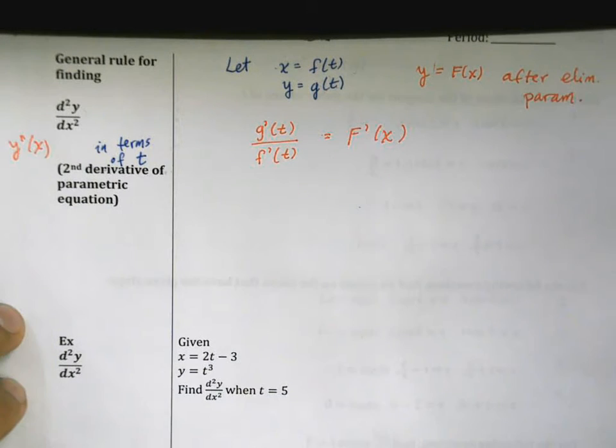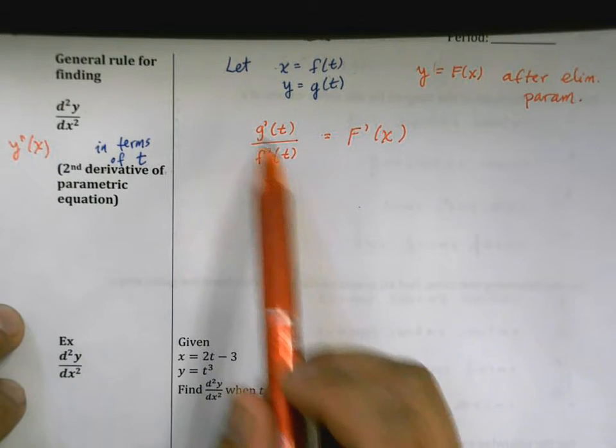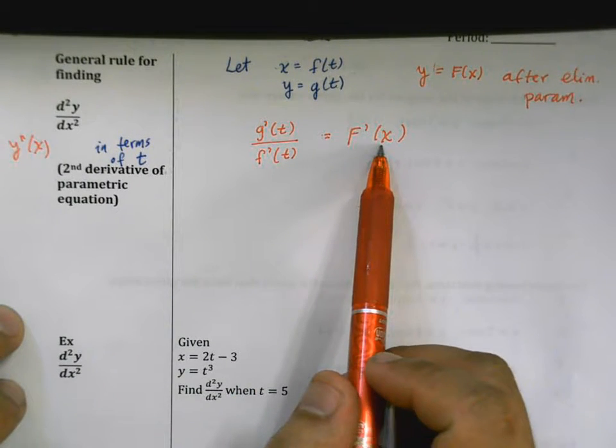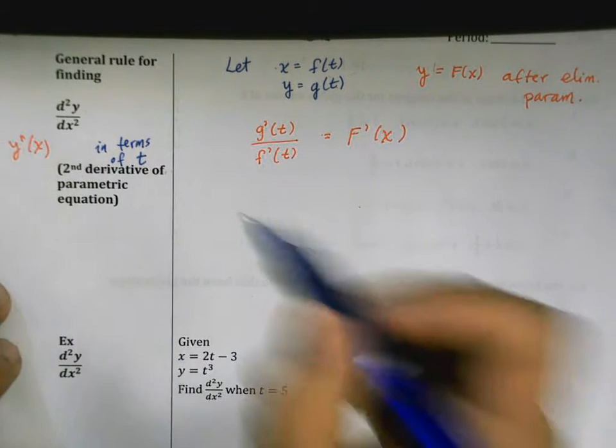Another way that we've written this before is that dy/dt over dx/dt is equal to dy/dx.